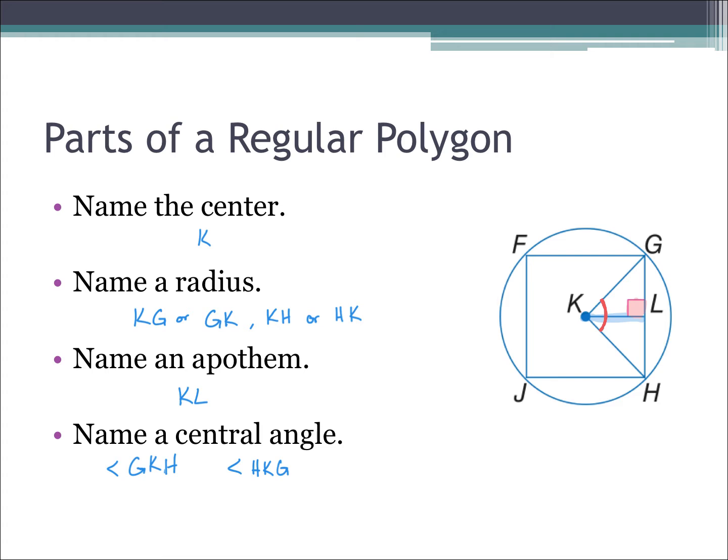But as you can probably start to see, currently we have two right triangles within this angle. So the central angle is always going to be the big angle, and I'll typically refer to one of these as either half the angle or GKL. Angle GKL is 1/2 of GKH. Just make sure you have that mentioned in your notes.